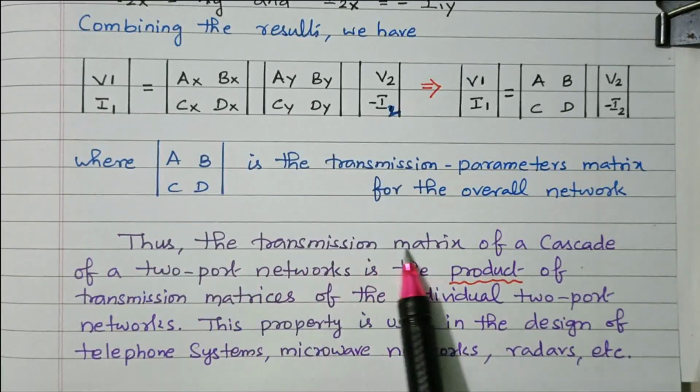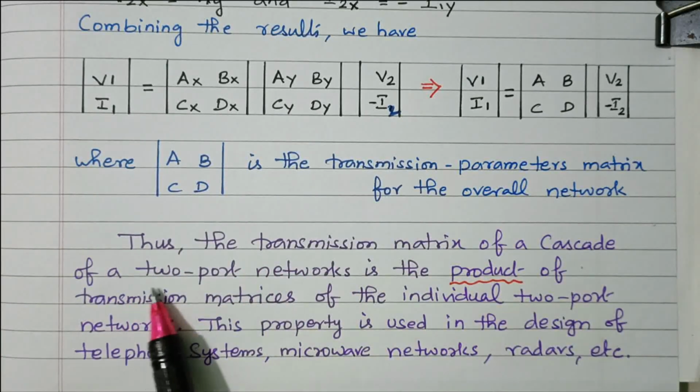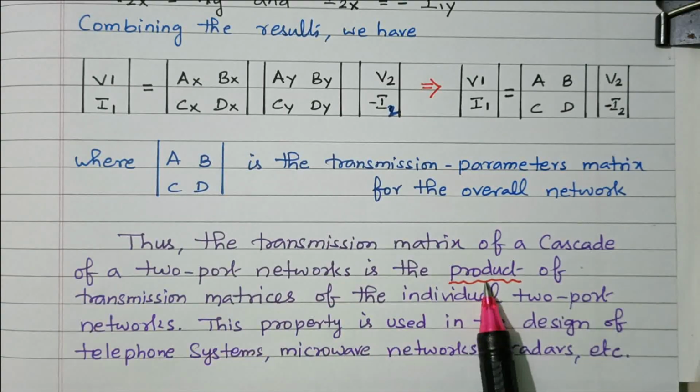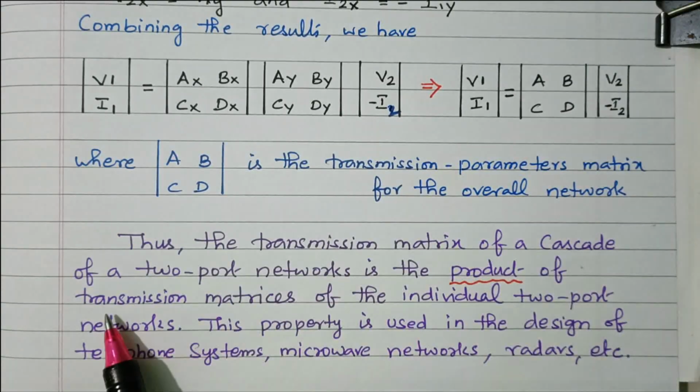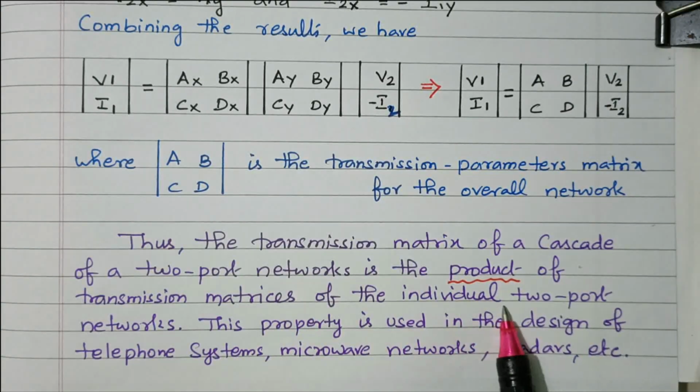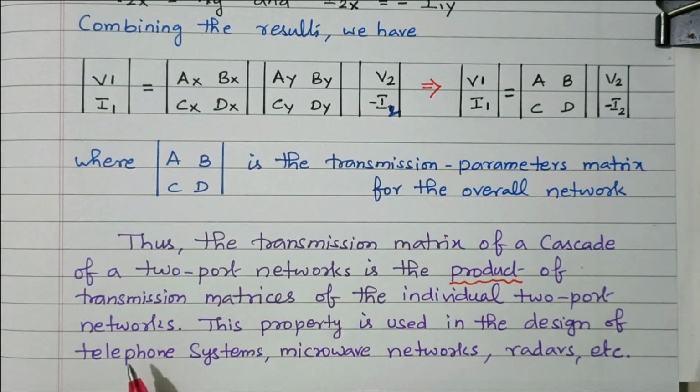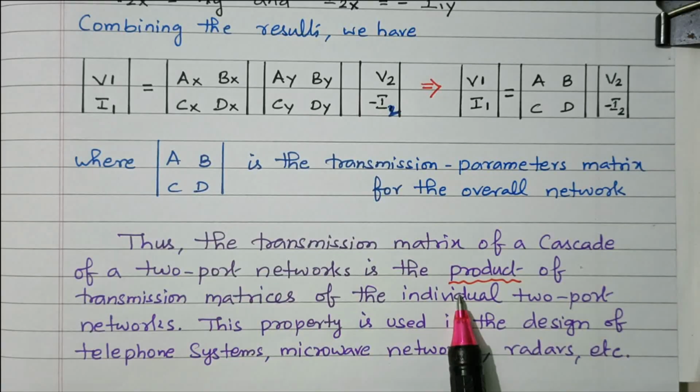Thus, the transmission matrix of a cascade of two-port networks is the product of the transmission matrices of the individual two-port networks. Right? So while connecting two transmission parameter networks, the resultant is nothing but the product of the individual two-port networks.